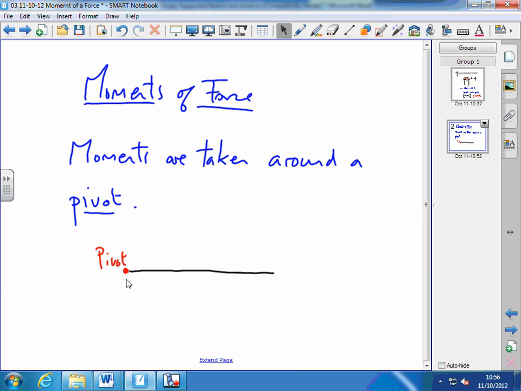If we have some sort of force acting downwards, then assuming this situation is balanced, there must be an equal and opposite force acting upwards to balance it. So if I assume there's another force, let's call this the reaction force, acting up there, then there must be a balanced situation there if this thing's not moving.